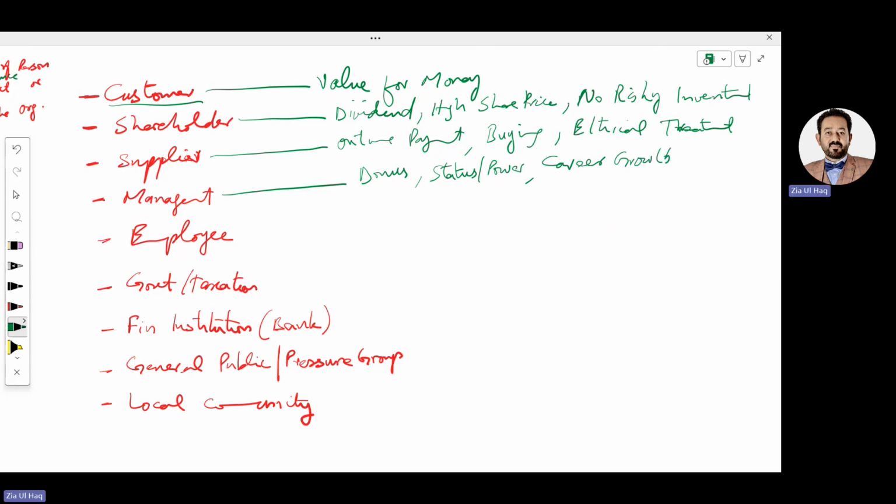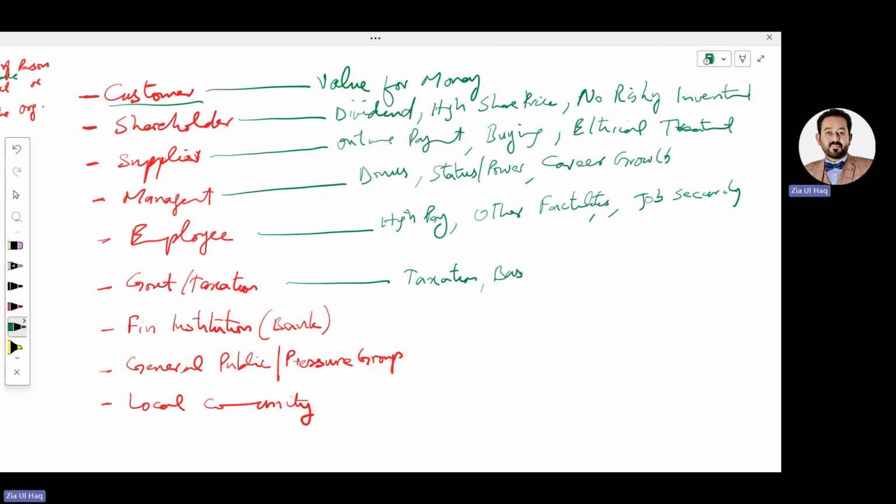What does the employee want from the business? High pay, other facilities, and what else? Job security. What does the government want from the business? High taxation. What else?